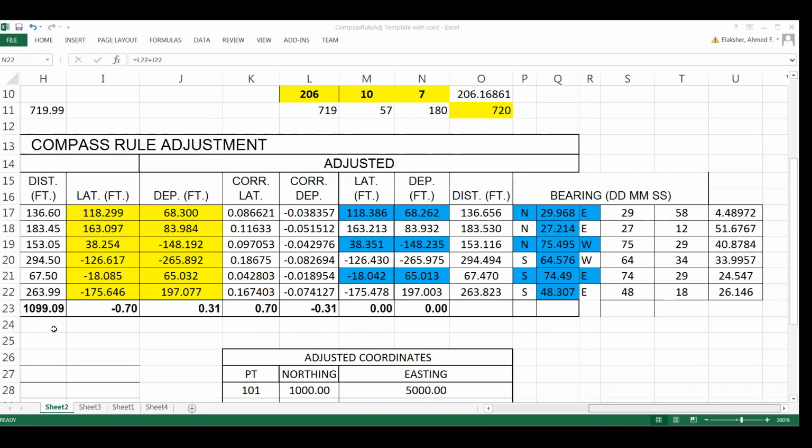So this is A, the point before it, and this is B. And same thing for the easting of B equals the easting of A plus the departure of AB.